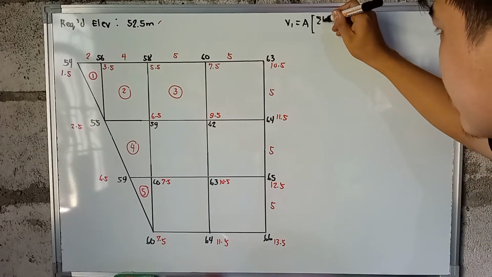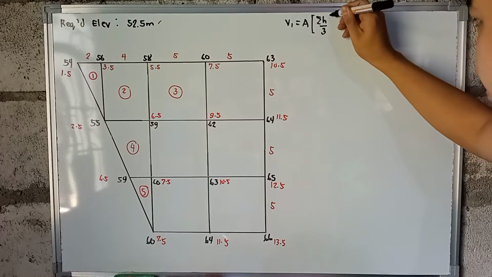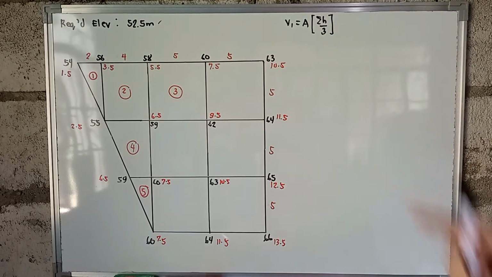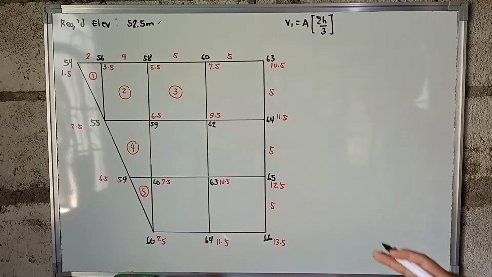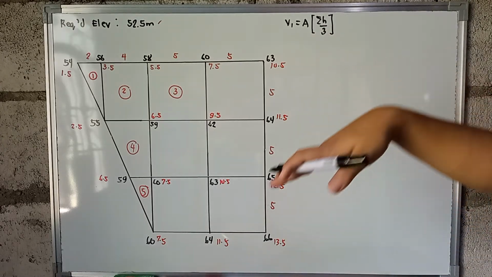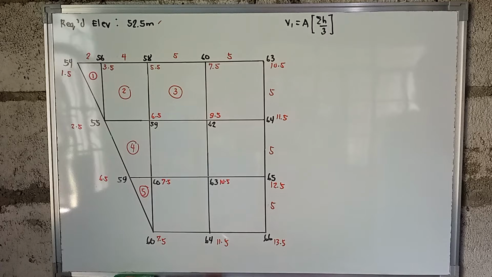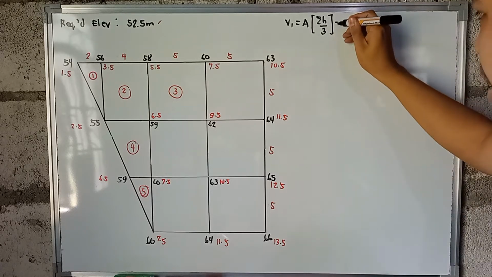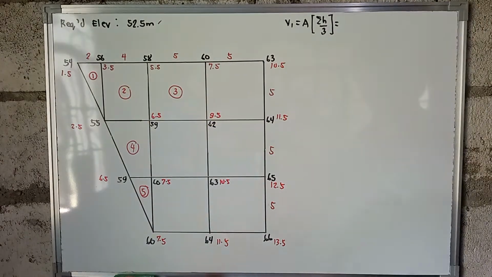Summation of heights over 3. So, truncated prism kasi yan. Hindi parehas yung bottom base dun sa top base. Kasi nakaslant yung top base natin. So, mangyayari, kunin muna natin yung area. So, area of the base, paano yun?